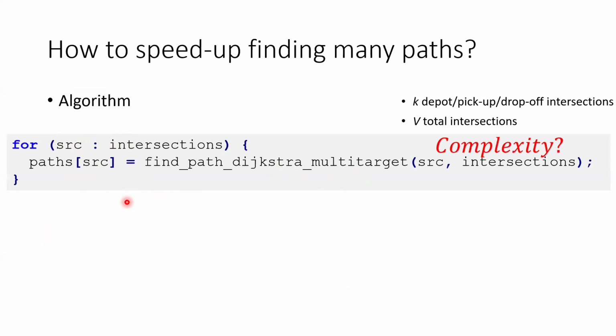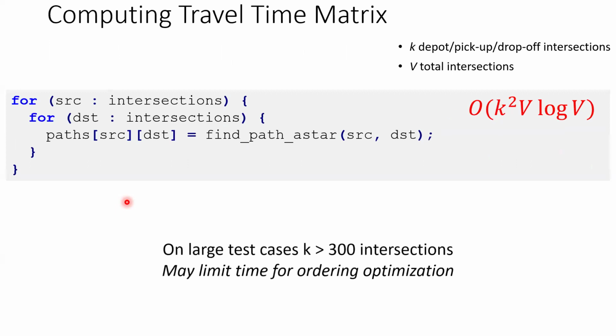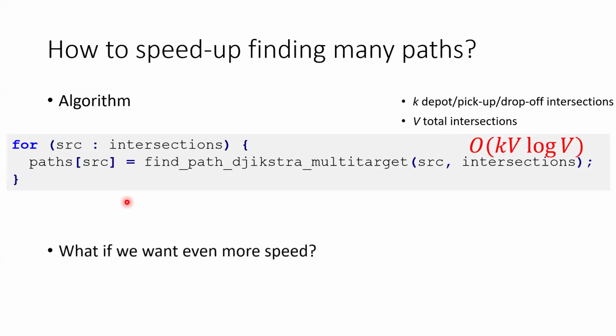And what is the complexity in this case? K V log V. So K V log V compared to K squared V log V. And this will be the best you can get from the algorithms.